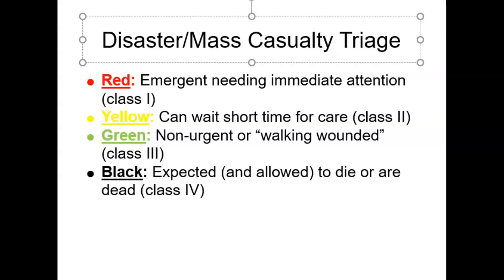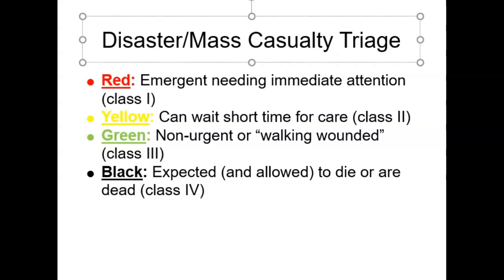Yellow tag patients, our second priority, have major injuries such as open fractures with pulses and large wounds, and ideally would get treatment within 30 minutes to 2 hours. Green tag patients, also known as the walking wounded, have minor injuries that can be managed after a delay of even more than 2 hours. They include closed fractures, sprains, strains, abrasions, and contusions.